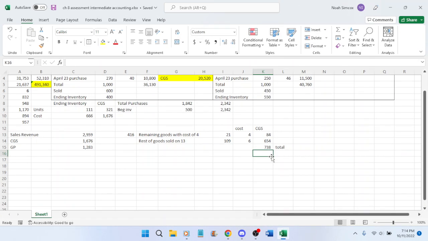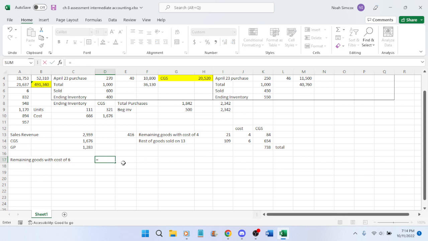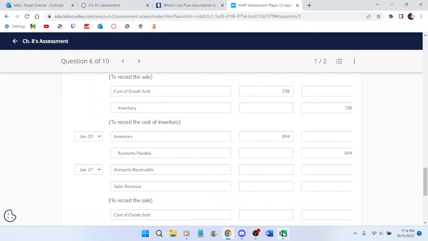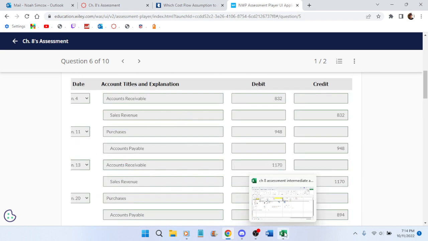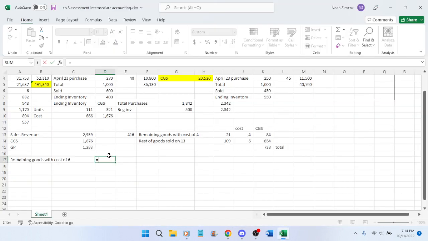Okay, so since they sold 100 and they sold remaining goods with cost of 6 should be equal to, so they sold 109. Okay, they had made an initial purchase of 158. So 158 minus 109.